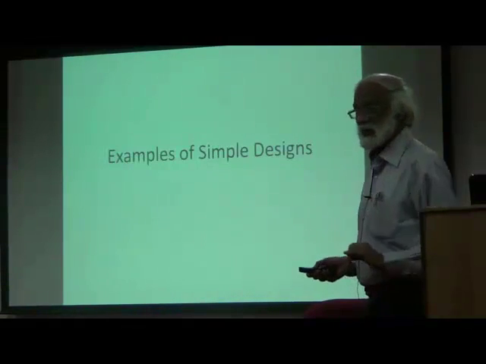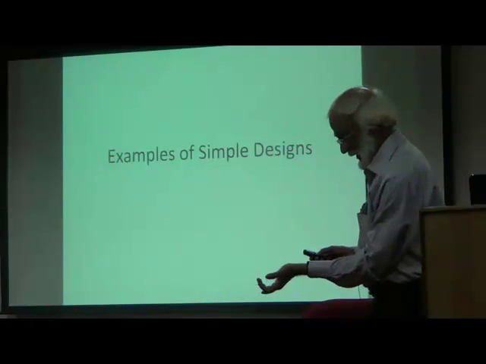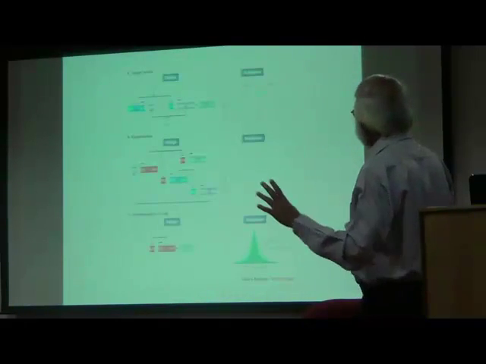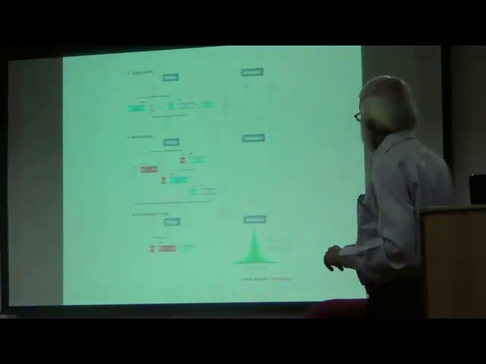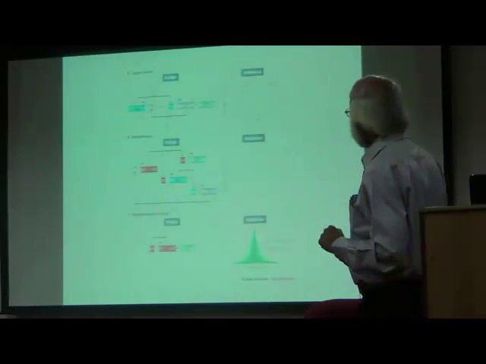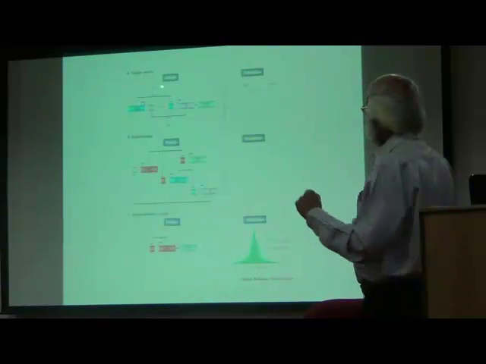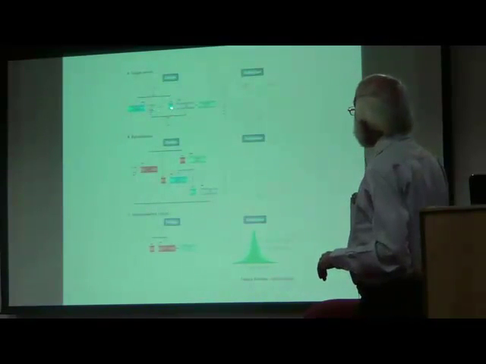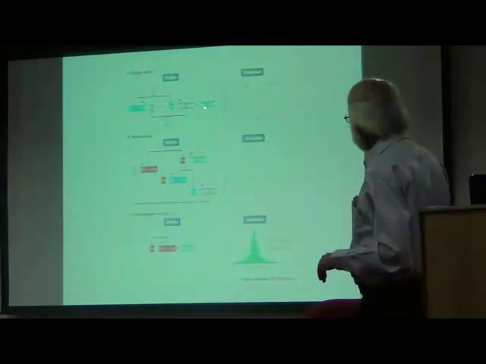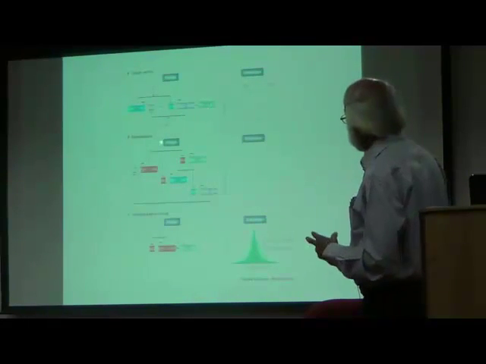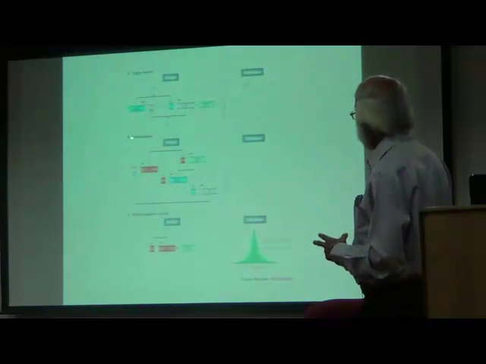Now, what is an example of a simple design? I don't have time to explain each one of them in great detail, but I think you will be able to see what it is conveying to you. A switch will be turned on or off. I gave you the example. That is linked to a fluorescent protein. You can have one switch, you can have two switches.